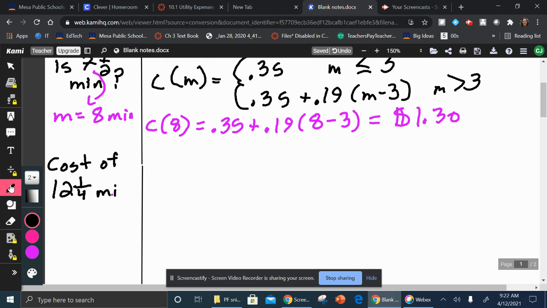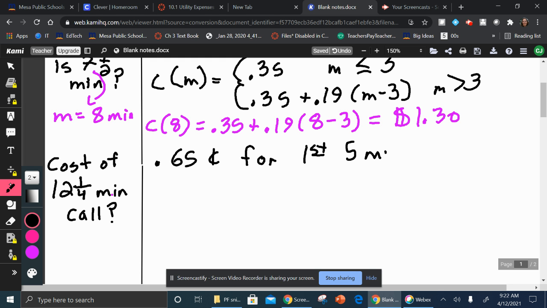Everybody, we could also think of it as just an example I thought of. It could be like the cost of getting a Uber or Lyft. The cost. Okay, so 65 cents for a cab drive for the first 5 minutes, and then 22 cents for each additional minute.